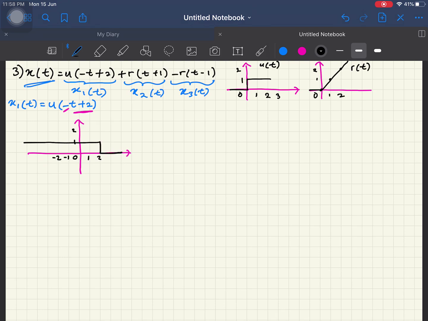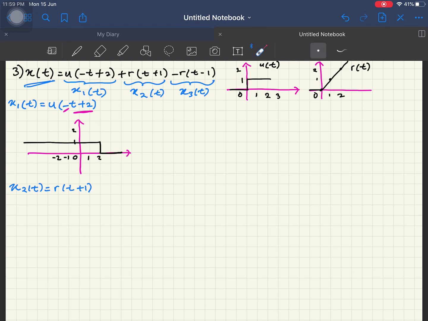If you're wondering how I get these signals, you can watch my video where I discuss transformation of signals. In that video I explain in detail how to perform multiple transformations like this. For the second signal, we have x2 of t, which is equal to r of t plus 1.